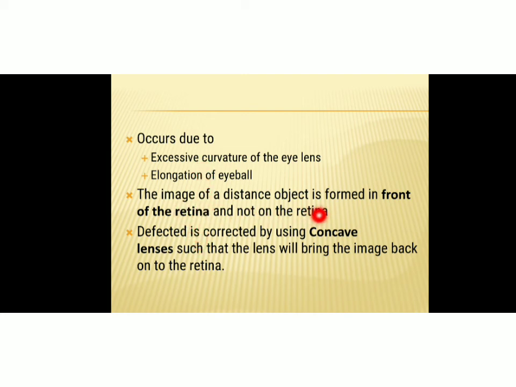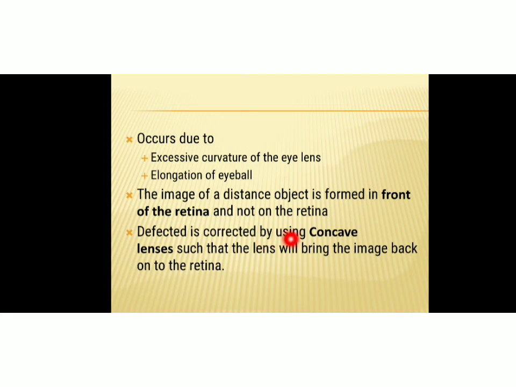And the image of the distant object is formed not at retina. We know that for a normal vision, image should be formed at retina. But in this case, the image is formed in front of the retina. Where is the image formed? Image is formed in front of the retina. So how can we correct this defect?